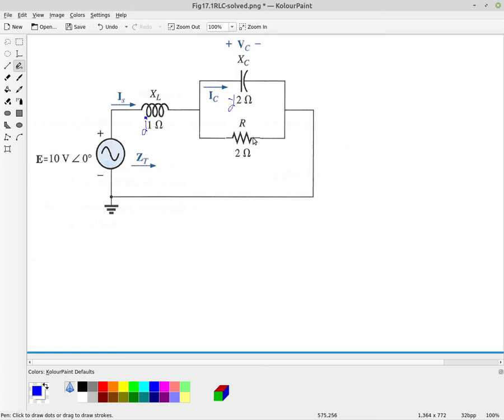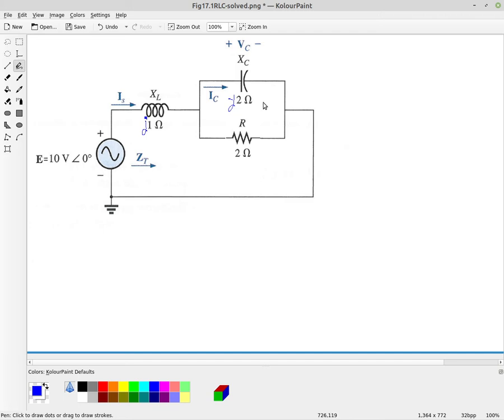Okay, so now we're going to have to be a little bit more careful because we're definitely talking about impedances here. We're not talking about just reactances of the same form or just resistances. Okay, so we have a little bit of everything in here, and they're just kind of scattered around. Okay, and this is about as simple of a series parallel RLC circuit as you can get.